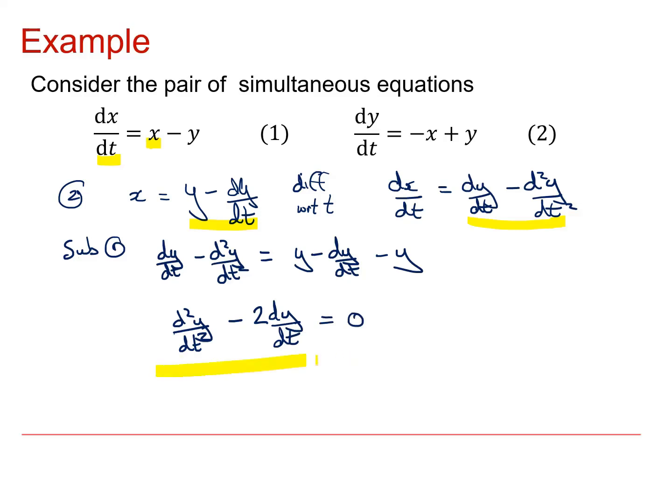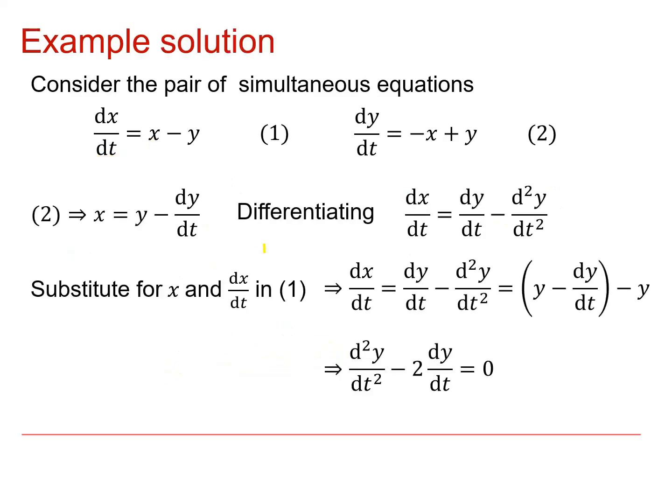And so now I've got a second order differential equation in y and t only. There's that written up neatly. This is the rearrangement of equation 2, then differentiate it, substitute all of that back into equation 1 and tidy up, and we get this differential equation to try and solve.